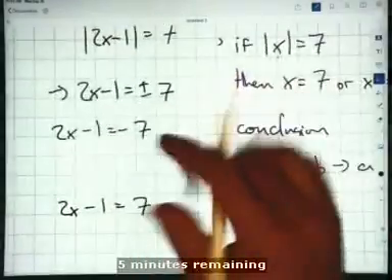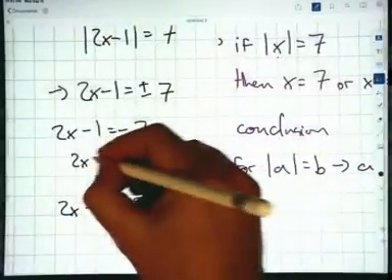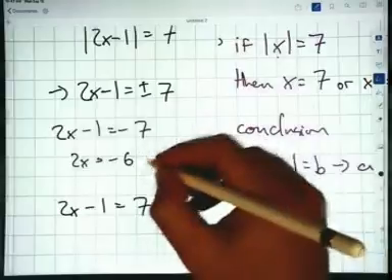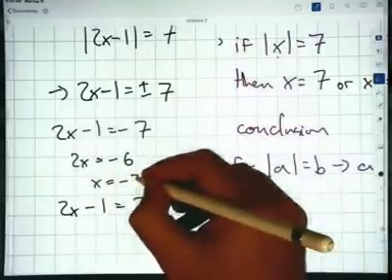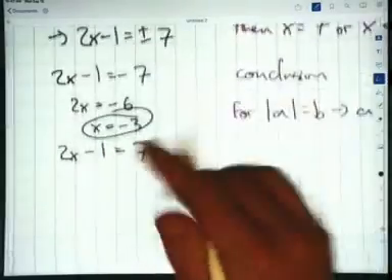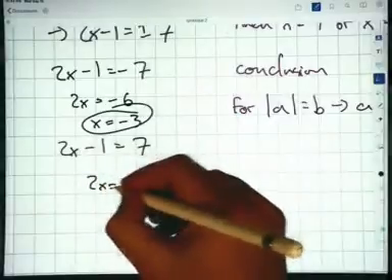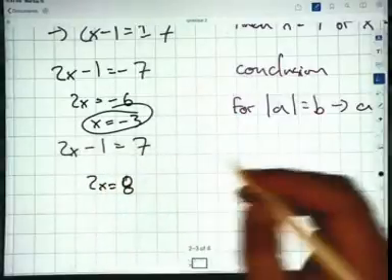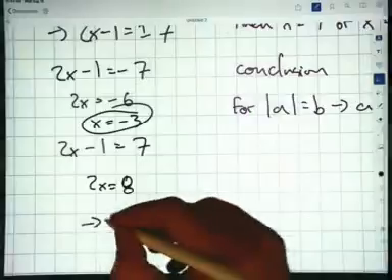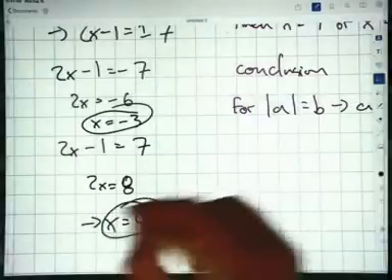Add 1 to both sides, so that's 2x equals -6, which then means x is equal to -3. Add 1 to both sides, 2x equals 8, which then means that x is equal to 4.